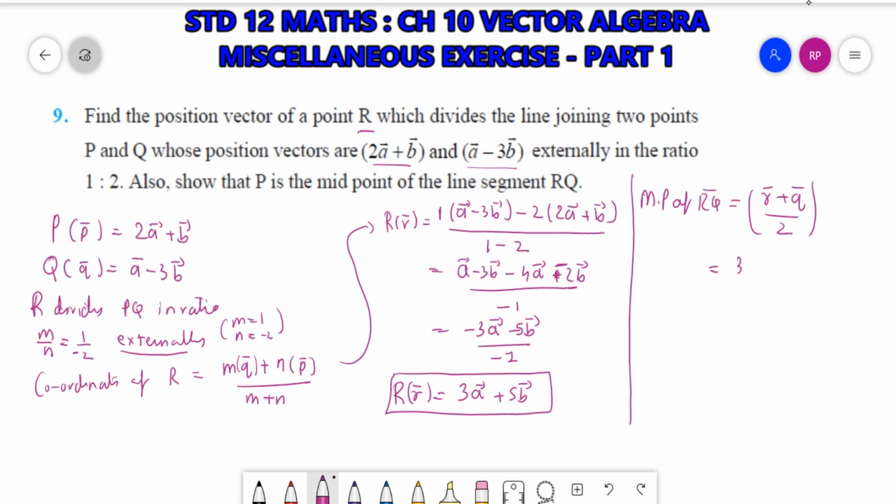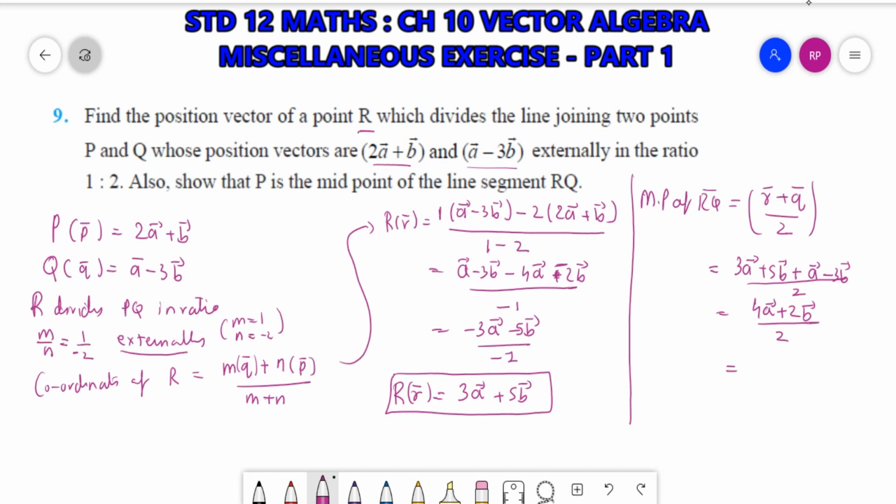R is 3a plus 5b, and Q is a minus 3b. So (3a plus a) upon 2, that is 4a upon 2, plus (5b minus 3b) upon 2, that is 2b upon 2.